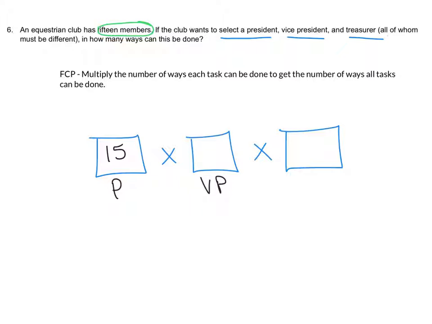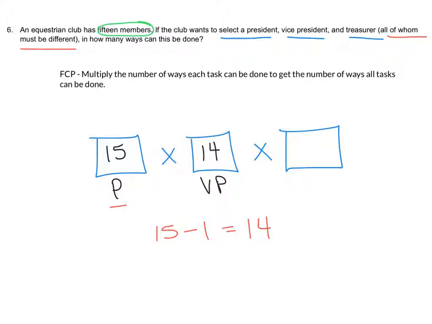But remember, the problem says all of the positions must be different. So if I already selected someone to be a president, that means I only have 15 minus 1, or 14 people left to choose from. So how many ways can I select a vice president? Well, since there's 14 people left, I have 14 ways to select a vice president.